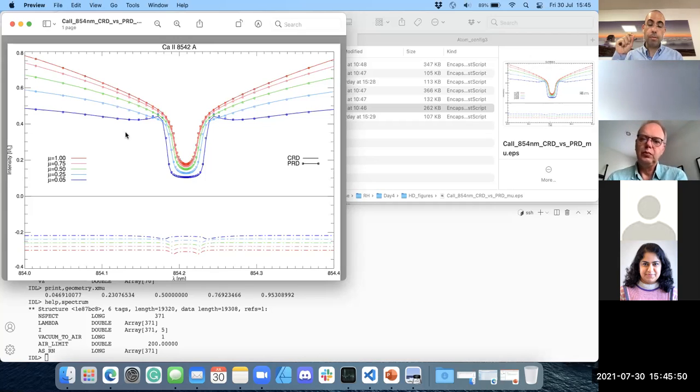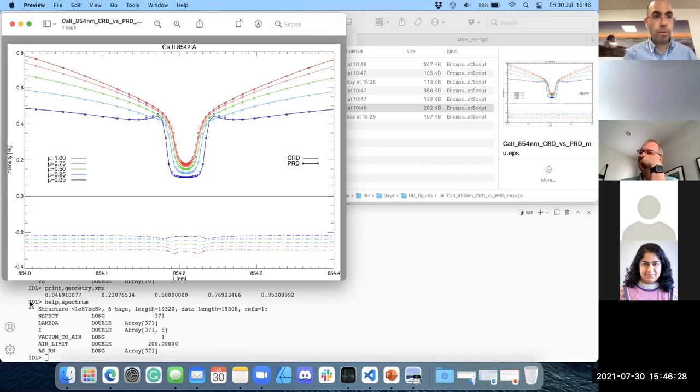So if you are solving PRD with angle dependent, then you may play with the rays, reading this geometry structure, and play with the number of rays, 5, 6, 7, until you have one ray that is very close to the heliocentric angle that you are interested in. Then you solve with angle dependent, pick that ray as your solution, and you don't run solve ray for that case. Yeah. Okay.